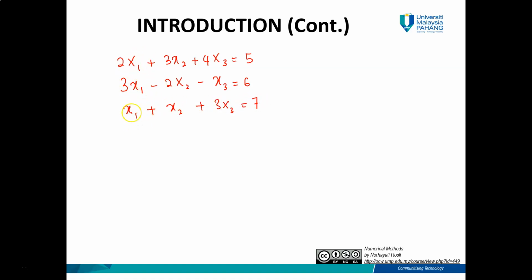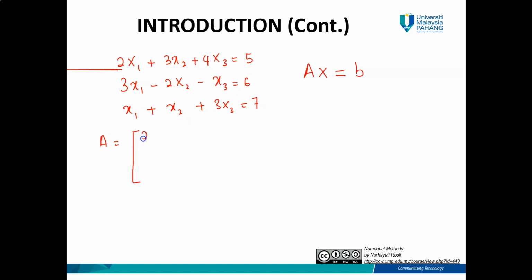So we can see that all the equations have the same unknowns x1, x2, and x3. How can we transform into a system of matrix Ax equal to B? We write A as a matrix of all the coefficients of all x, that is A11, A12, A13, and A21, A22, A23, and so on.